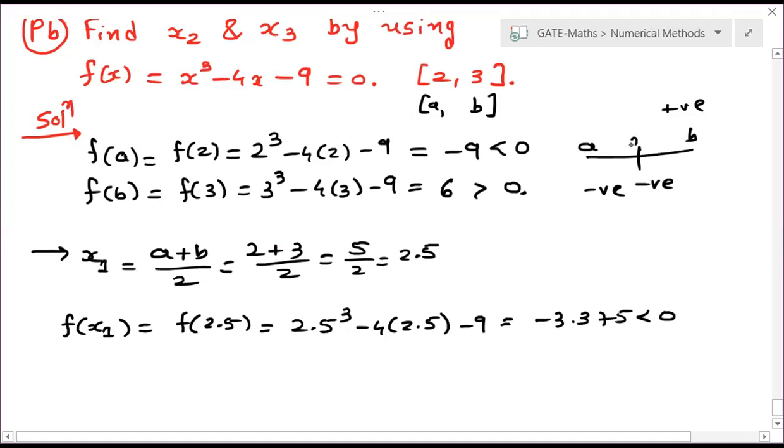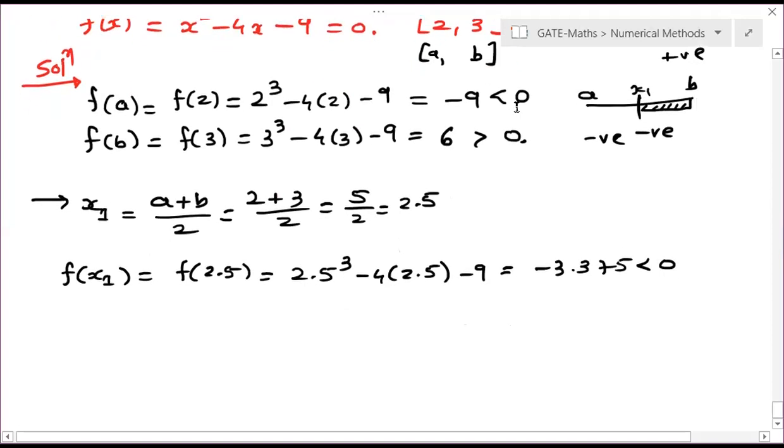So if this is negative, then what will be our next interval? Our interval will be only from negative to positive. So our next interval will be x1 to b, because we cannot take a to x1, since both the values are negative. Sorry, x1 is 2.5, and f of x1 is minus 3.375. So it is 2.5 to 3 now.